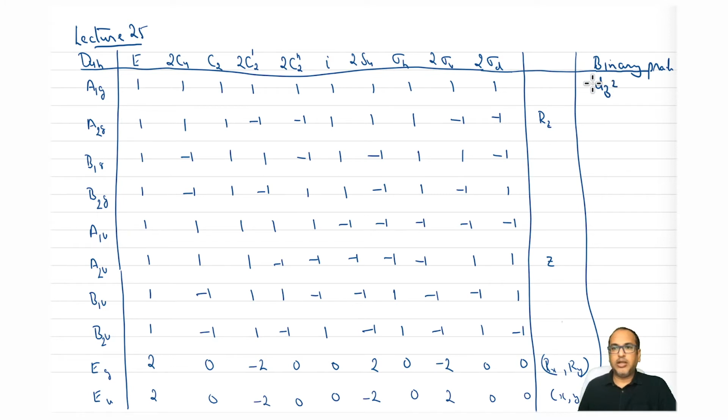All of this will be totally symmetric, and hence we will get dz square as the totally symmetric representation, right? Similarly, you can find out for other d orbitals as well. Let's not spend more time on this. Now it is very clear, and we know all the areas of the character table. So we can move ahead to the next topic, which is representation of cyclic groups.